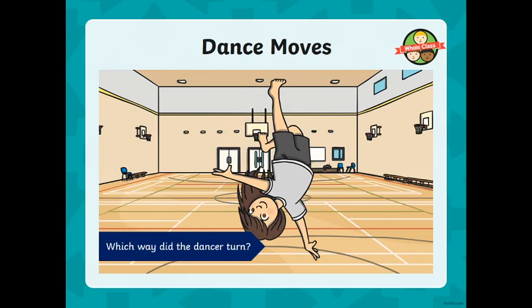Did she turn anti-clockwise or clockwise? She turned clockwise. And how far did the dancer turn? Did she turn a quarter of a turn, a half of a turn, 3/4 of a turn, or a whole turn? And it's half a turn.